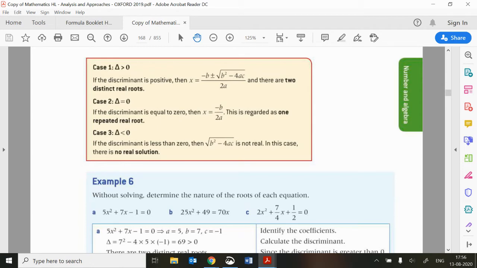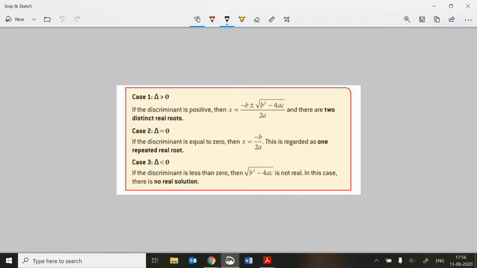They put the cases the other way around: when delta is greater than 0, they've said distinct and real roots, real being somewhere on the number line for x, and distinct meaning different. But when we have 0, we have one repeated root.